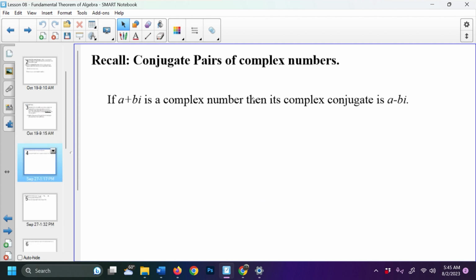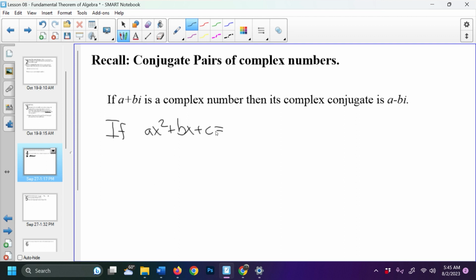Conjugate pairs of complex numbers, we talked about this in the last lesson. If a plus bi is a complex number, then its conjugate is a minus bi. And we already see that in the quadratic formula. If you recall, the quadratic formula states this: if ax squared plus bx plus c is equal to 0, then x is equal to negative b plus or minus the square root of b squared minus 4ac all over 2a.